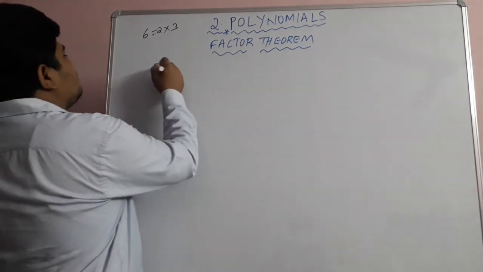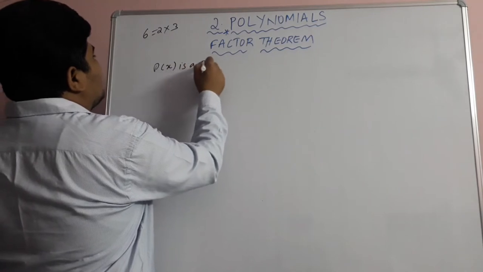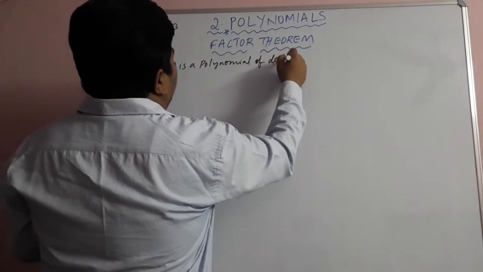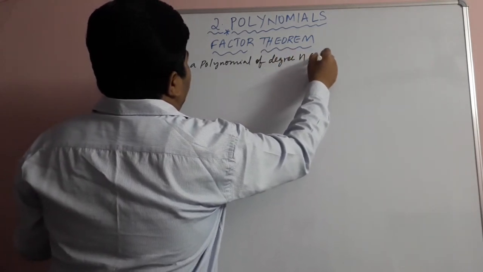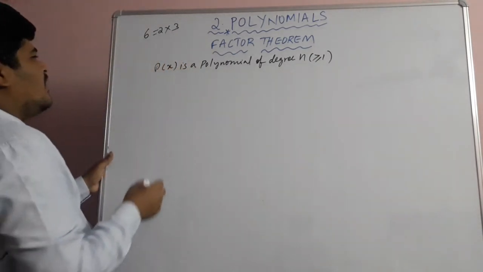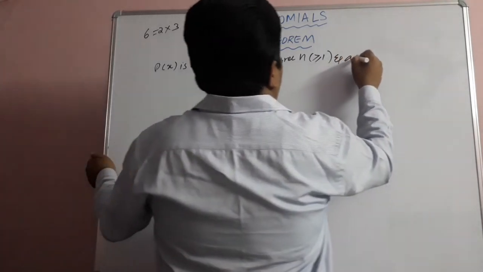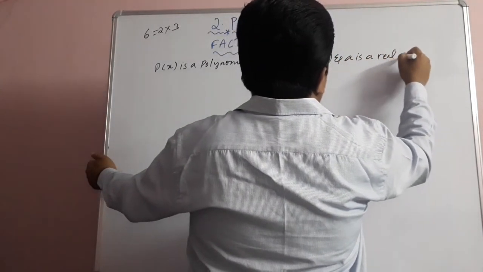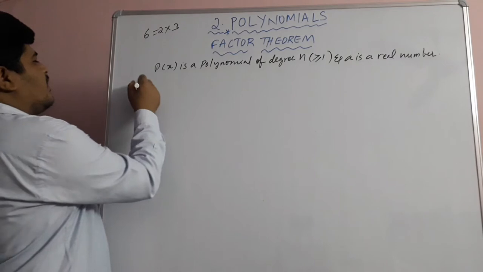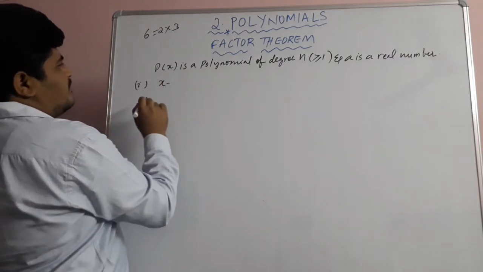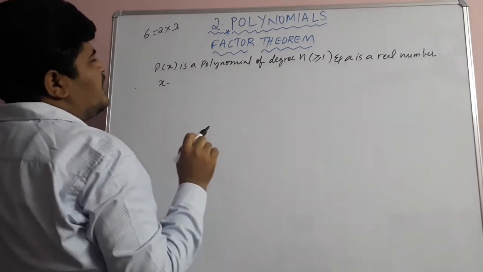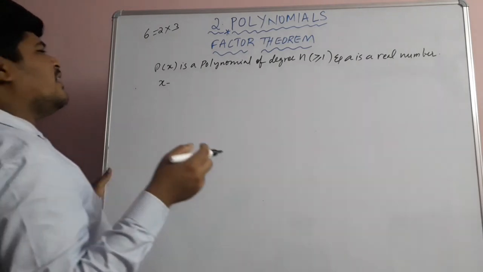Let us assume P of x is a polynomial of degree n greater than or equal to 1, and a is a real number.